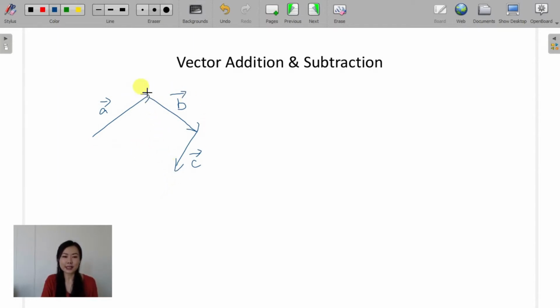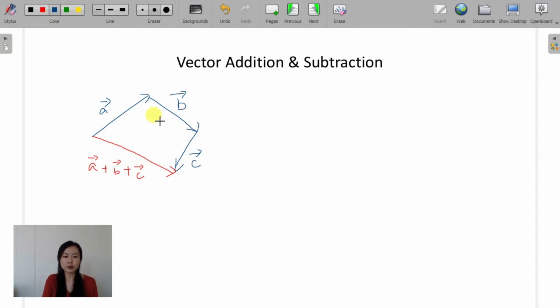You attach the head to the tail of the next one and you just keep going. Once you finish, join the tail of the first one to the head of the last one, pointing towards the head of the last one. That will be A plus B plus C. So that's vector addition in a nutshell.